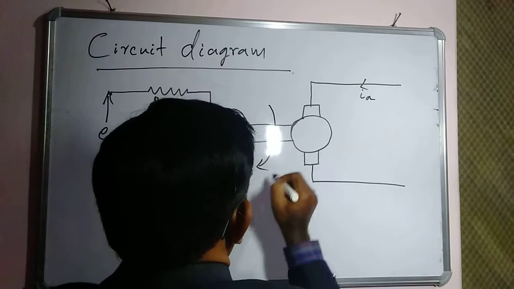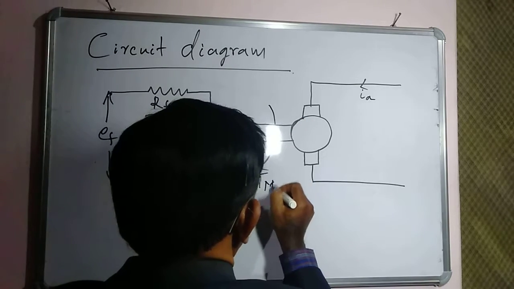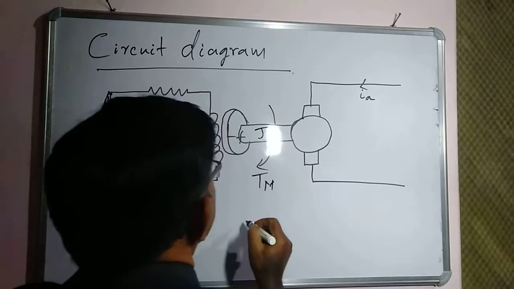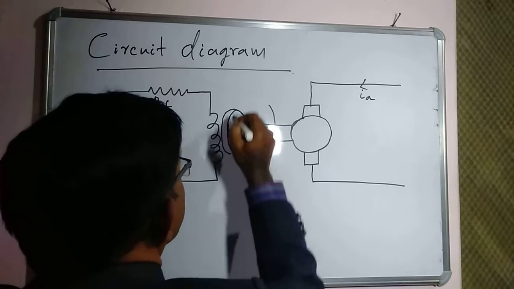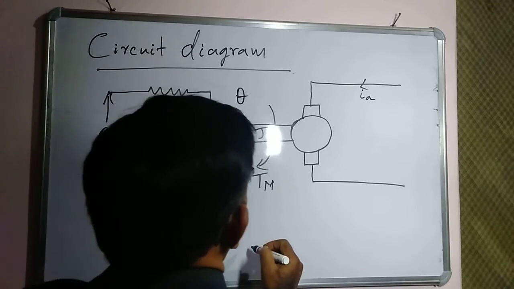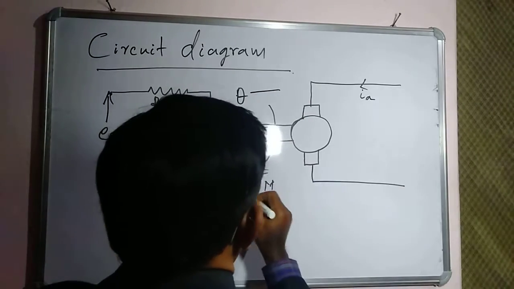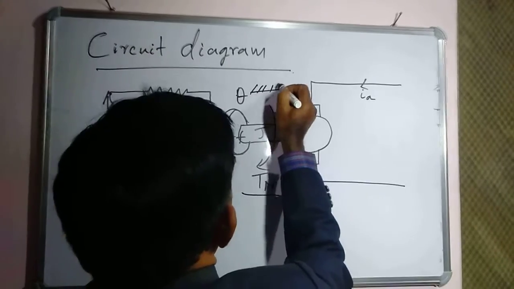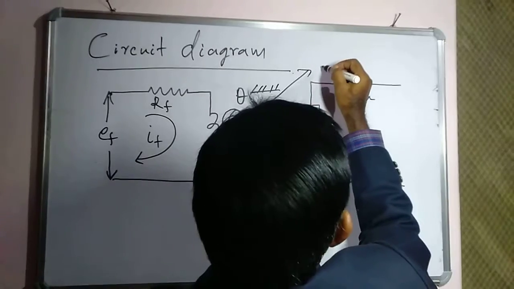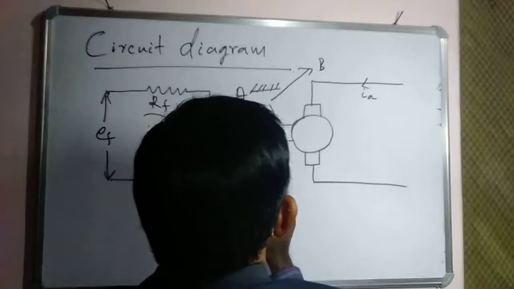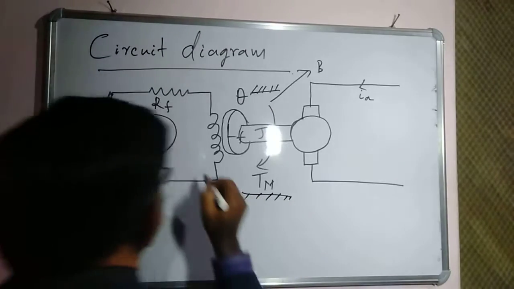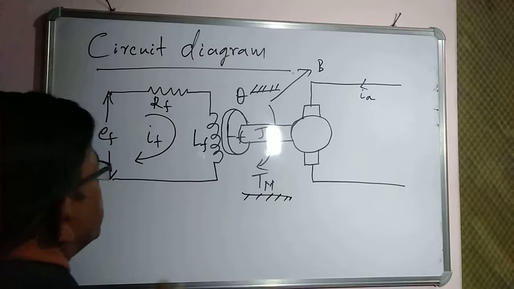So the torque developed by the motor is Tm and the moment of inertia is J, and the angular displacement theta, and let us assume that the viscous friction coefficient is B. So this is your Lf.